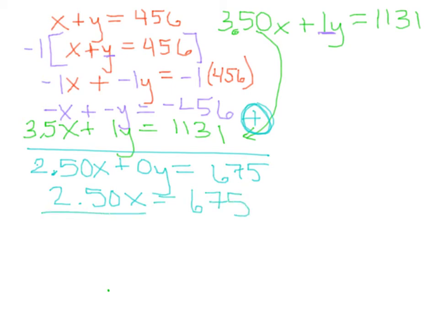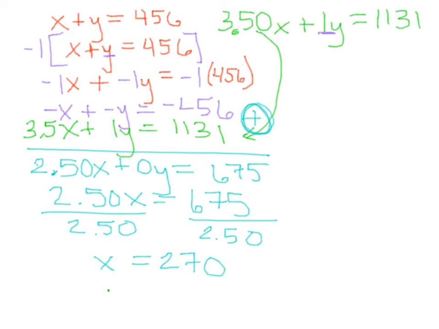I'm going to divide both sides by 2.50, and I get that x is equal to 10,575 divided by 2.50, and I end up with 270. So I sold 270 adult tickets.